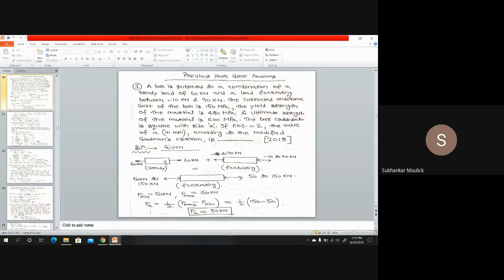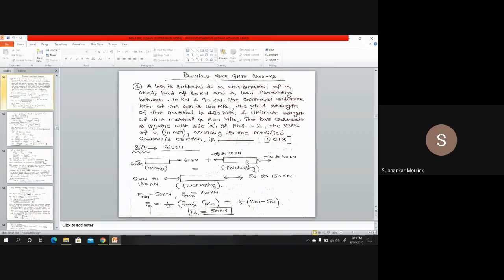In the problem, it has been told to you that a bar is subjected to a combination of steady load of 60 kilonewton and a load fluctuating between minus 10 kilonewton and 90 kilonewton. That means, if this is my bar, a steady load is acting which is not changing with time, that is 60 kilonewton, as well as a fluctuating load is also acting which is fluctuating from minus 10 to 90 kilonewton.